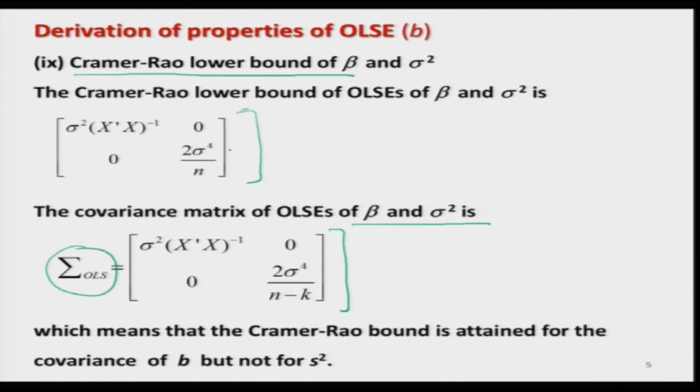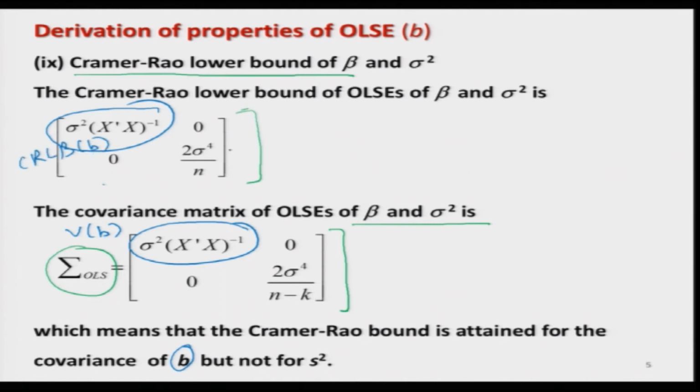You can see that this value, which I am writing in blue color, and this one are the same. That means B is attaining the Cramer-Rao lower bound. This is the covariance matrix of B, and this is the Cramer-Rao lower bound of B. Both are actually the same.